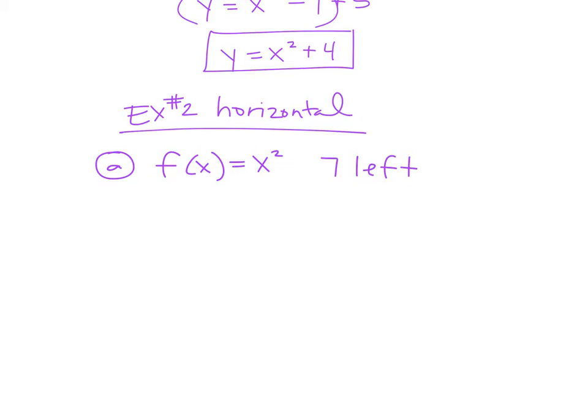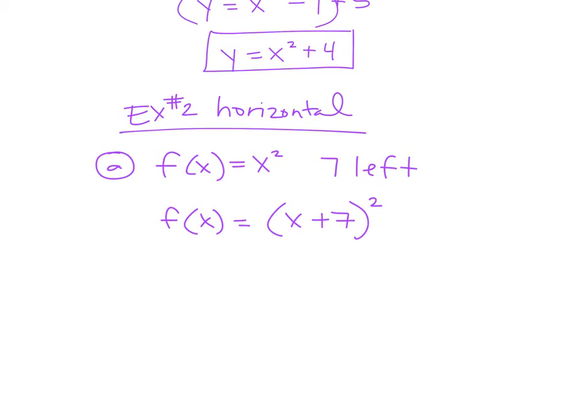Normally left would be subtraction, but we're going left to right, which is opposite. So you're adding, and it's inside the parentheses this time. So it's going to be f of x equals x plus 7 squared. That would move me 7 to the left.